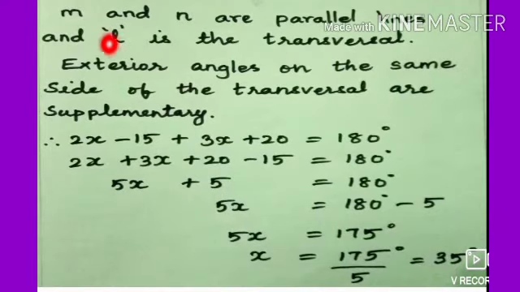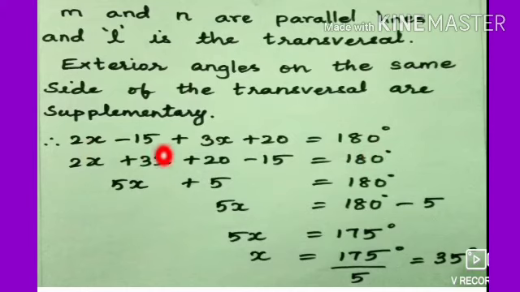So students, write down M and N are parallel lines and L is the transversal. Exterior angles on the same side of the transversal are supplementary. Supplementary means we have to add these two angles, then it will be equal to 180 degree. So 2x minus 15 plus 3x plus 20 is equal to 180 degree.